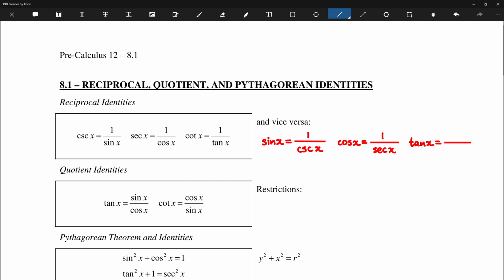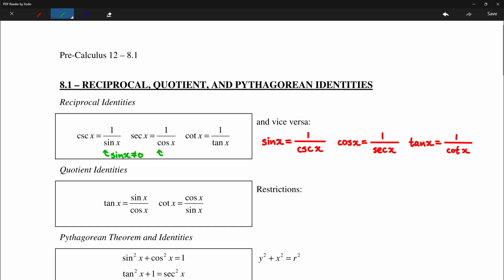Another piece of information that will not be necessarily given is the restrictions concerning individual identities. For example, here we have 1 over sine x, and of course that only works if sine x is not equal to 0. So that is implied in the definition.